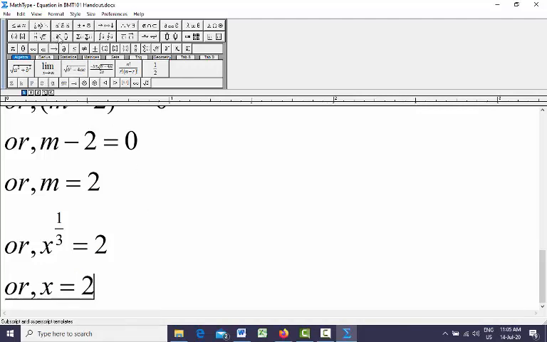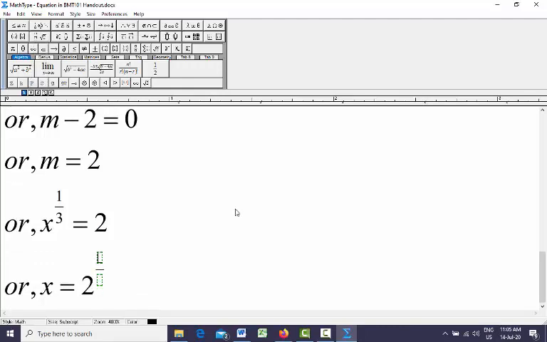As I said in my last class, if you move a power from the left hand side to the right hand side, the power moves as a power, but it will be reversed. So the 3 will be in the numerator and 1 will be in the denominator.